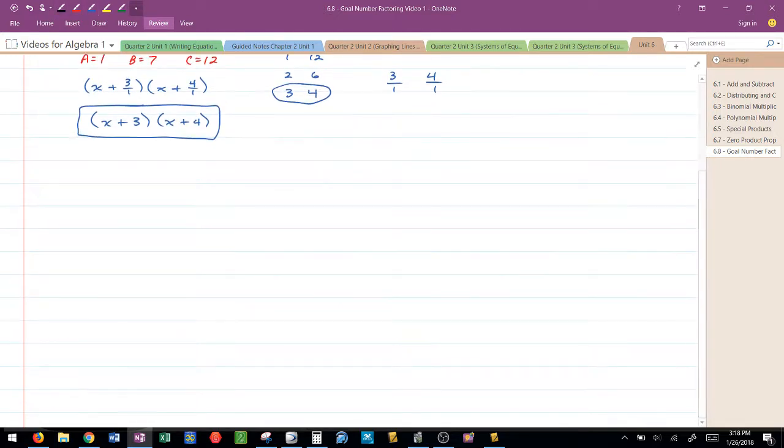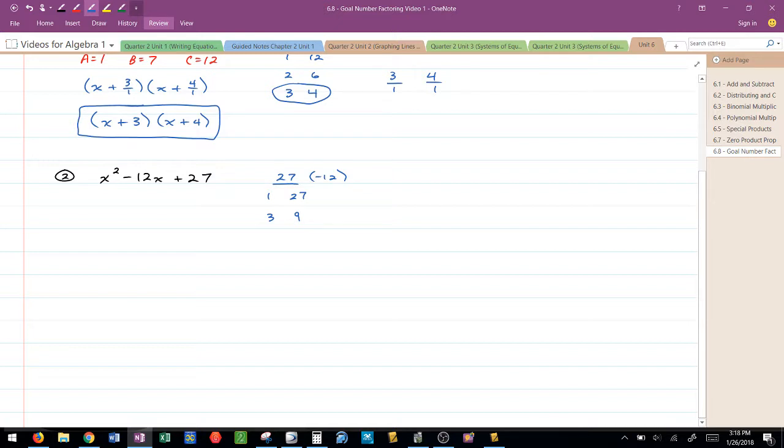So let's try a second one here. Let's say that we have x squared minus 12x plus 27. All right? The goal number would be 1 times 27, or 27. The middle term is negative 12. So because I have 27, I want to look at its factors: 1 and 27, 3 and 9.